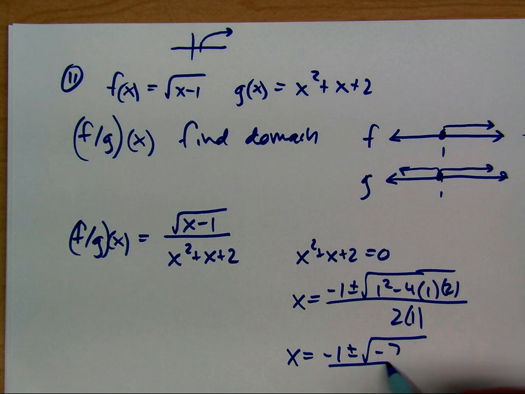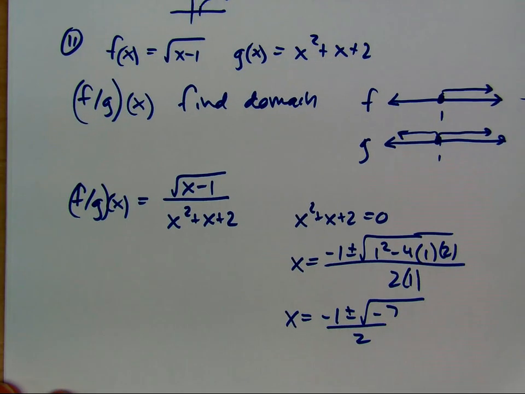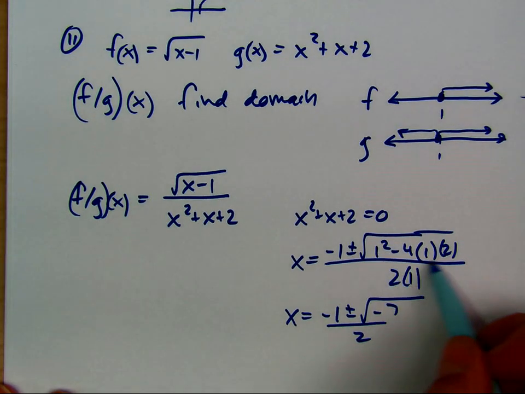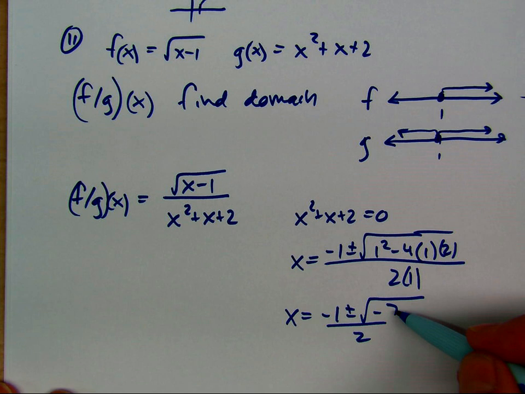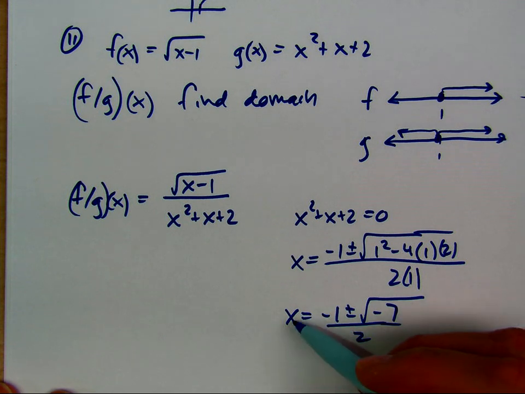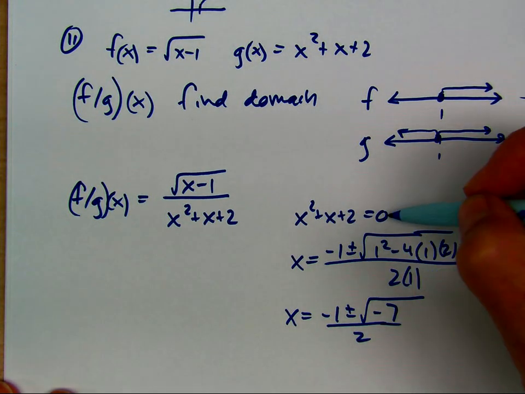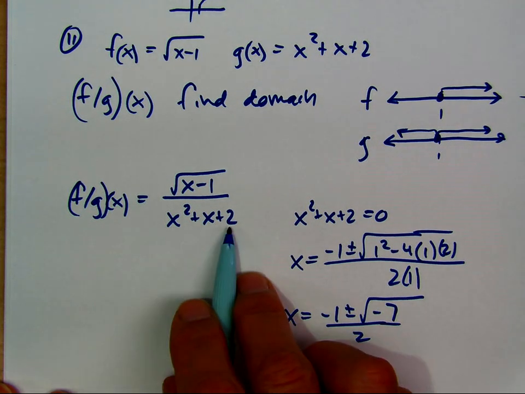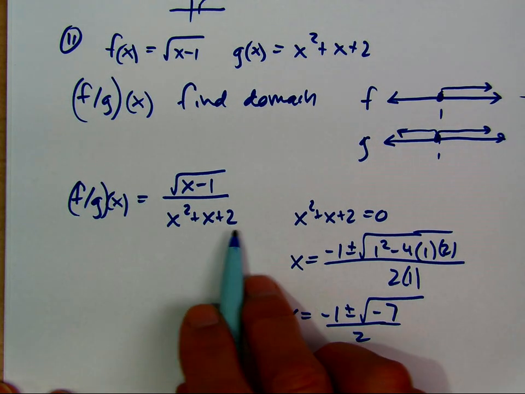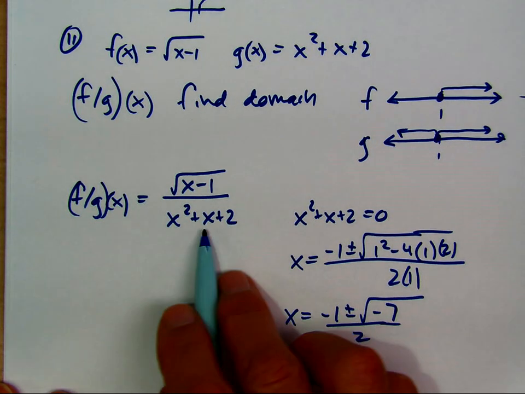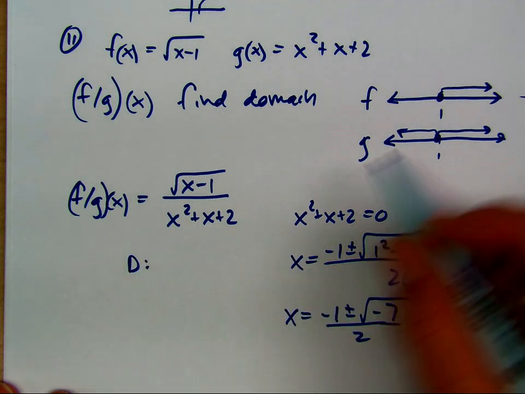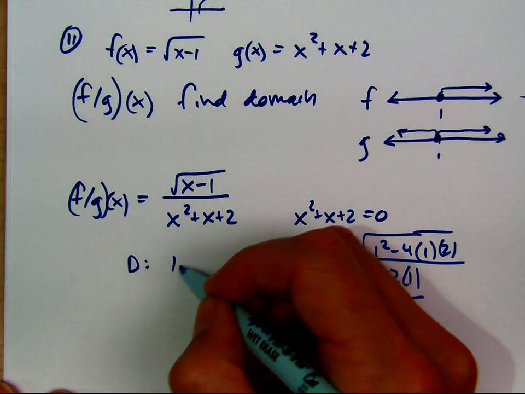So this tells us, just by looking at the inside of the radical, that there are no real numbers that make this equal to 0. That means this will never be 0, and we don't have to further restrict the domain of this. So the domain is just going to be 1 to infinity, and we can include 1.